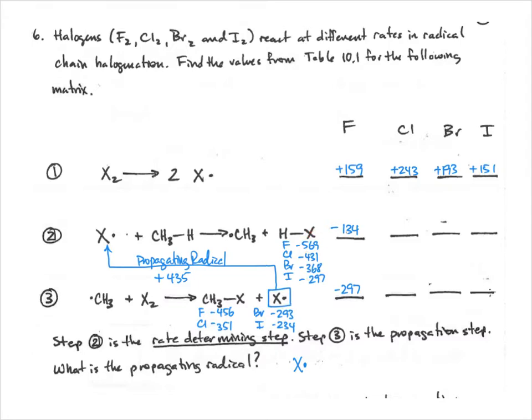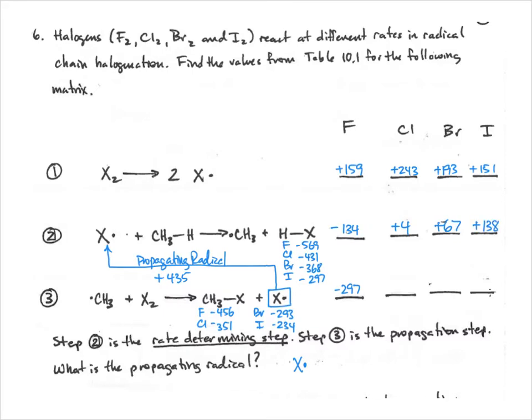So if we take 435 and subtract 569, we get negative 134. To plug in the remaining values, we get plus 4, plus 67, and plus 138.